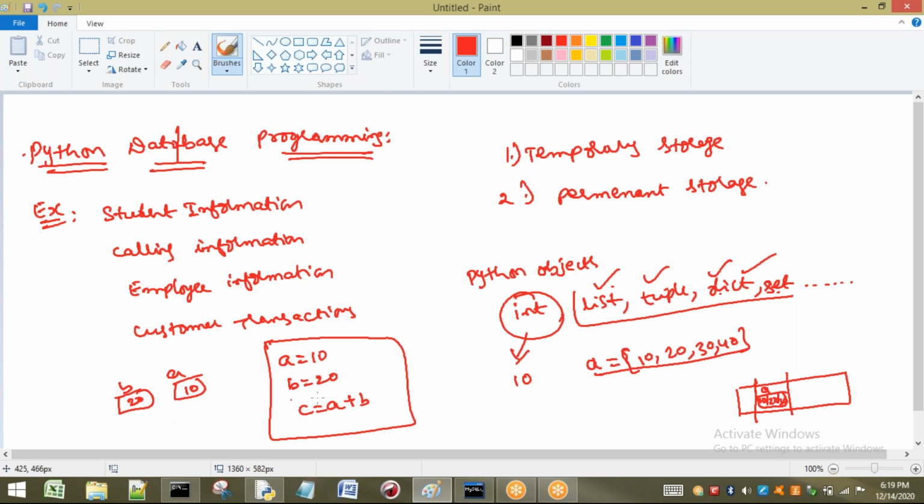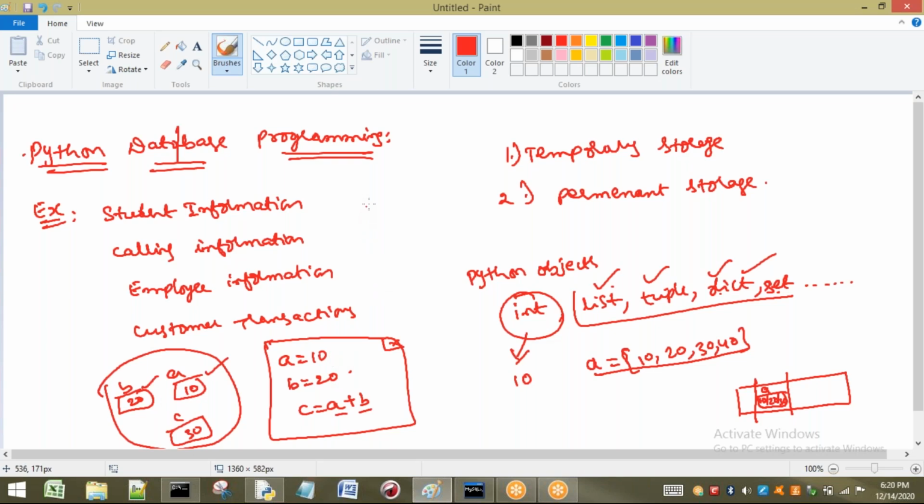After that, a plus b is performed and that value is stored in c. These memory locations are available only until the program execution is there, or if I close this program or shell, automatically this memory disappears. So these are only temporary memory allocated for this program, only for the program purpose.